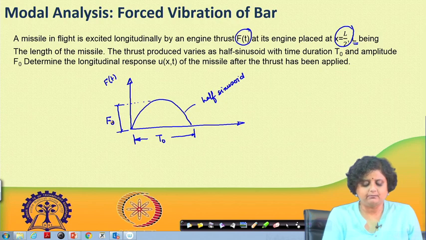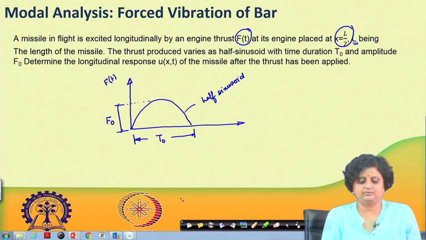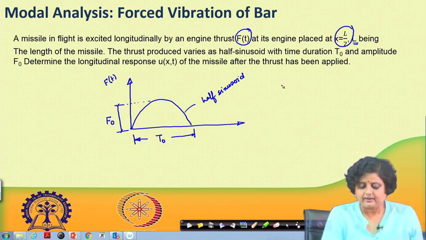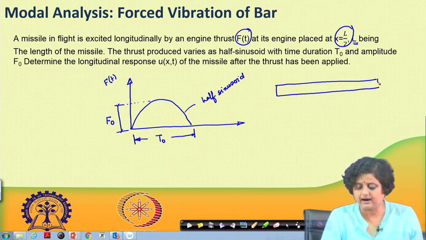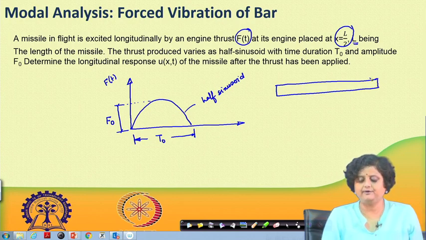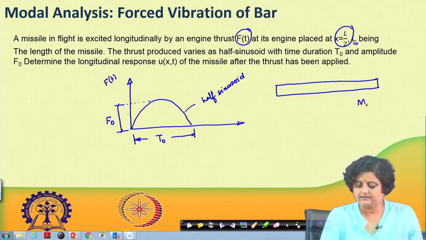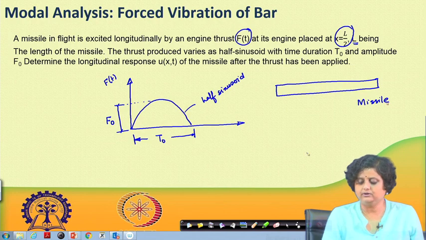So, after the complete thrust has acted on the missile, we need to find out the vibration response of the missile. It is very intuitive that a missile, if modeled as a longitudinal bar, is going to be free. This could be a very simplistic model of a missile.